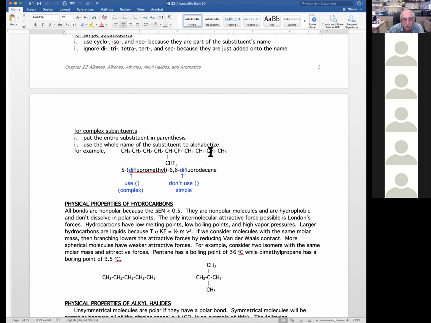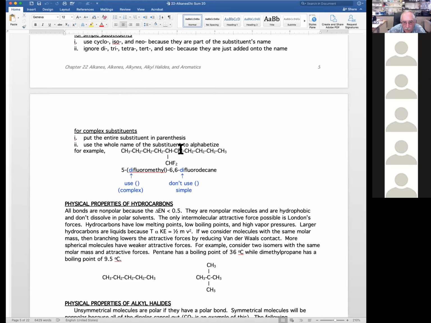So then on this decane, I've got 2 fluorines over there. And notice I have to use the lowest numbering system, right? So 1, 2, 3, 4, 5, 6 is one way to do it. 1, 2, 3, 4, 5, 6 is the other way. So it's the same, it doesn't matter.